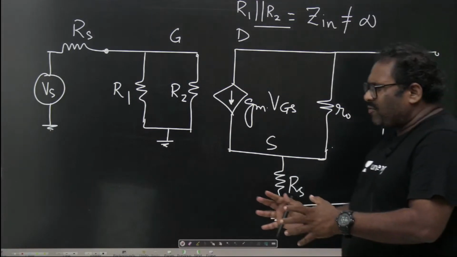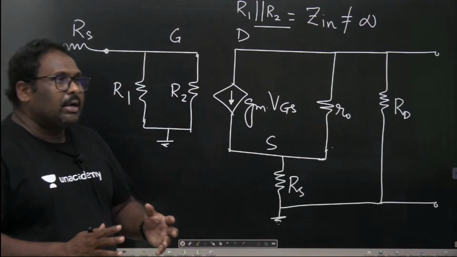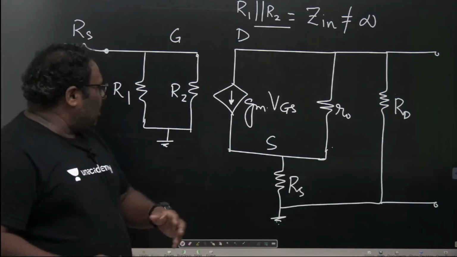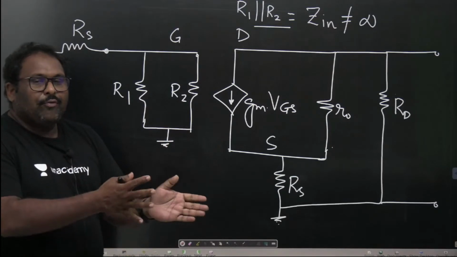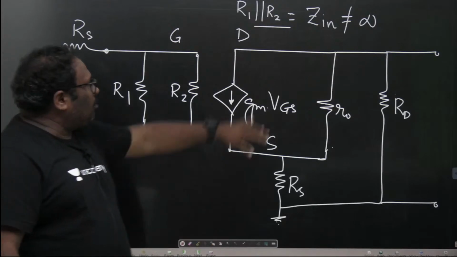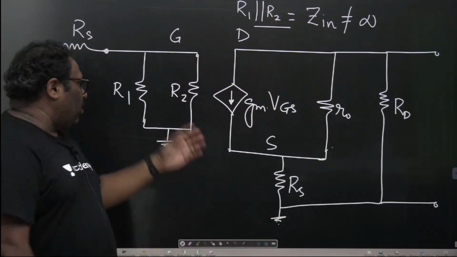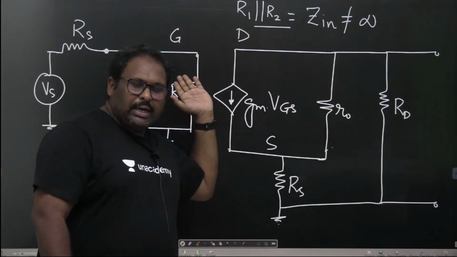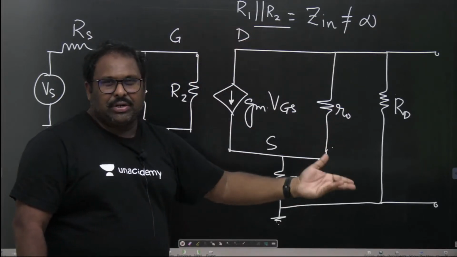Now suppose it is not this fixed bias, and you are looking at a biasing circuit like self bias, then in the place of R1, R2 there will be RG, and RG has got to be large enough so that the input impedance is not being lowered. Because it's a voltage controlled device, the voltage controls the flow here, you should obviously have a large impedance here, so that the voltage is not driving a current and being wasted.